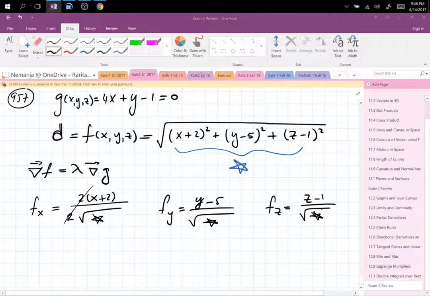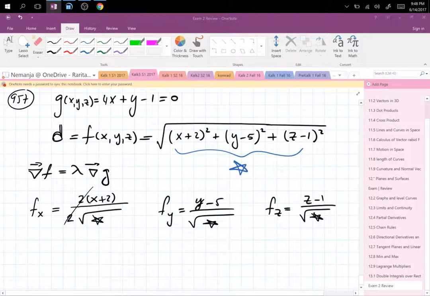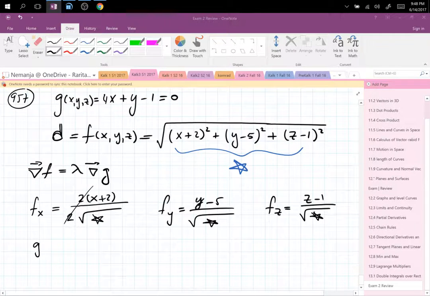Each one of these square roots will have 2 in front, but then the 2 will cancel with the derivative of the inside, which is a square. And then we have gx, which is just 4, gy, which is 1, and gz, which is 0.